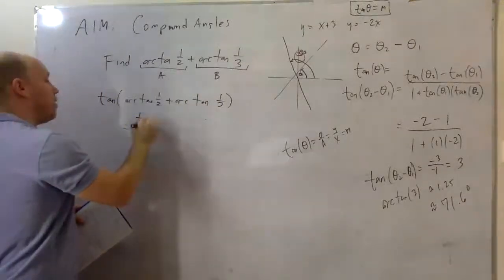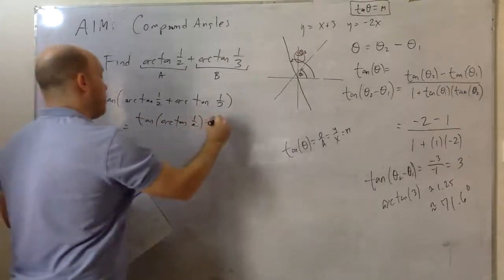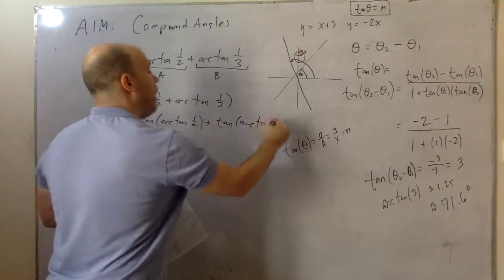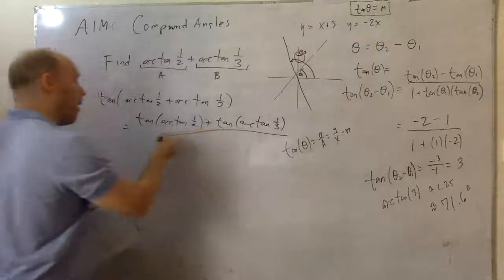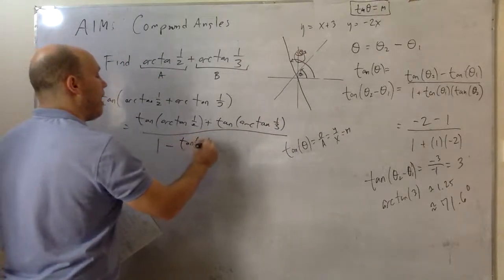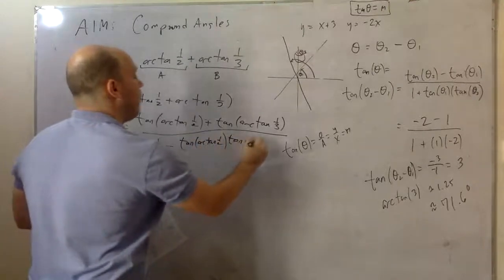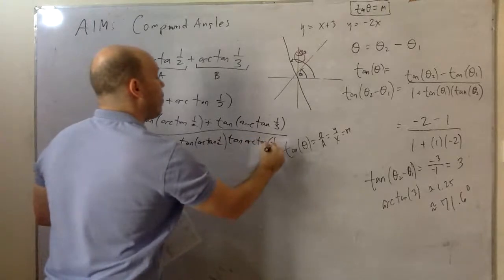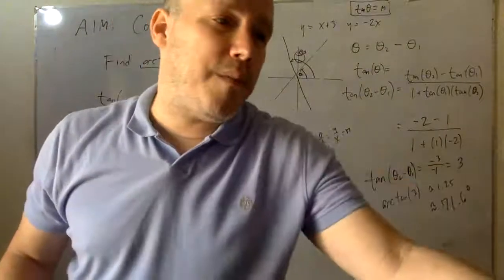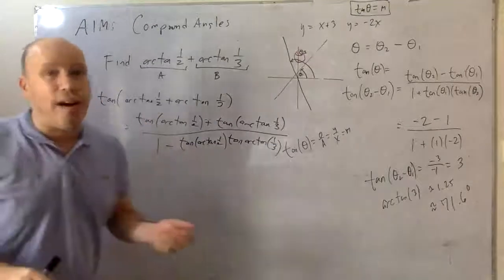Well, the formula says it's the tangent of the arctan of 1/2 plus the tangent of the arctan of 1/3 divided by 1 minus the tangent of the arctan of a half times the tangent of the arctan of a third. Well, it looks crazy and complicated, but it's not, because what is the relationship between tangent and arctangent?